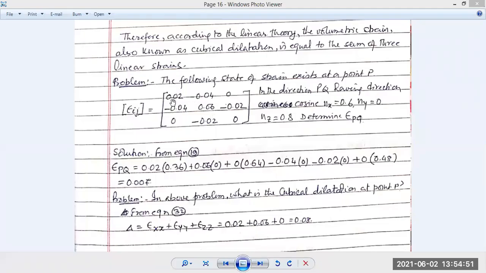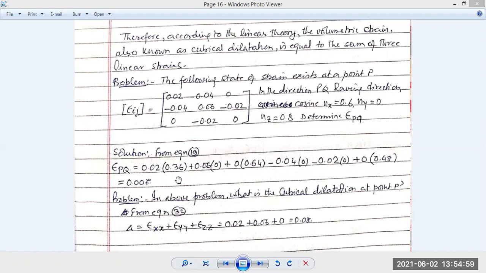So we can go to the equation once again, relation 16. We have this equation, and nx squared, ny squared, and nz squared are given here.